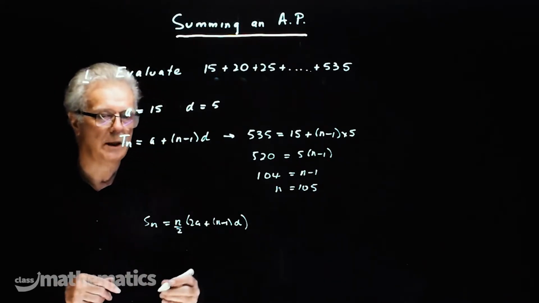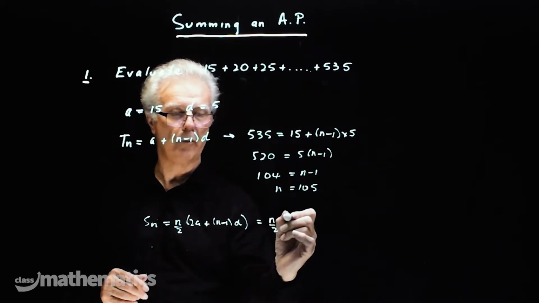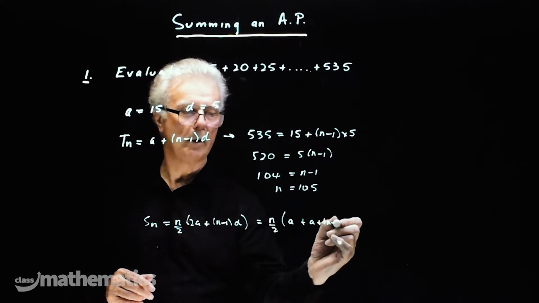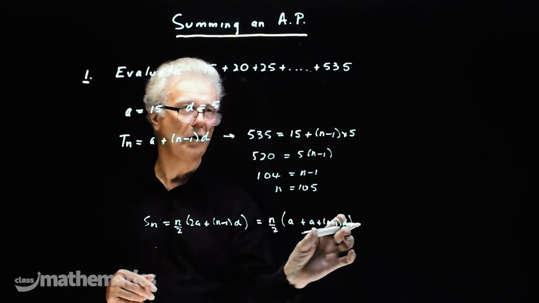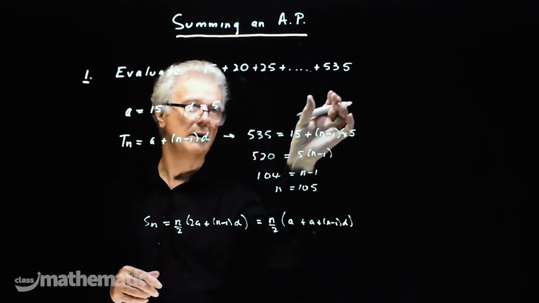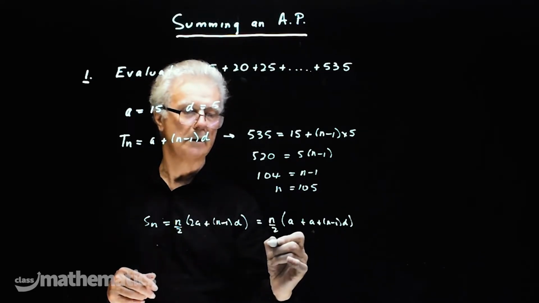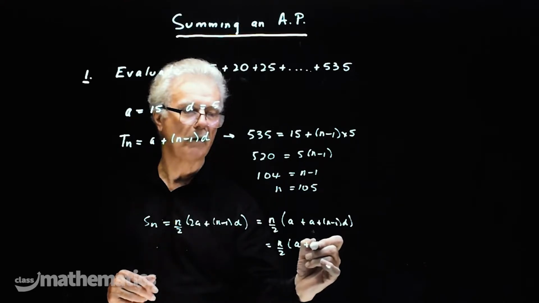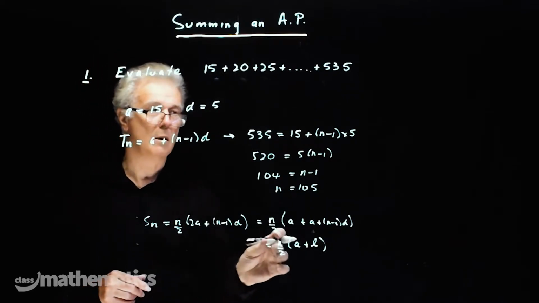Or what we could do is change that slightly, and write it as n over 2 into (a plus (a plus (n minus 1)d)). You'll notice here that is the nth term, which is actually the last term. So often we replace that with L. So they're the two formulas. Now we can only use this particular formula if we know what this term is, which we do. So this is the one we'll use.